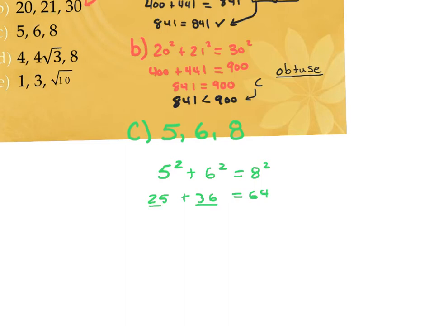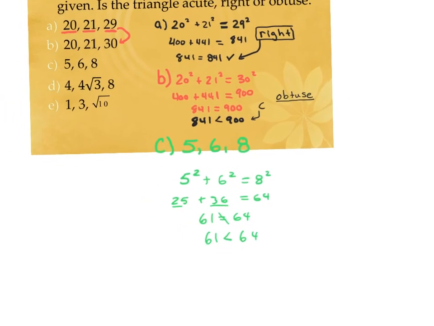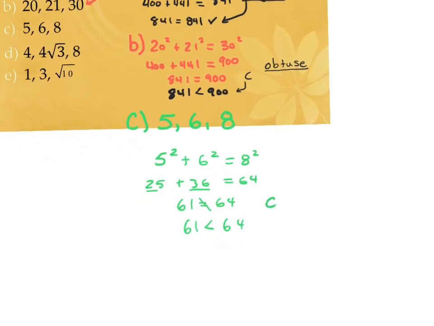What is 25 plus 36 equal? 61. Okay, so they are not equal to each other. In fact, what symbol should go there? Less than. Wouldn't it be obtuse? I don't know, you tell me. It's obtuse because the right-hand side, the c part, is bigger. If c is bigger, it's definitely obtuse.